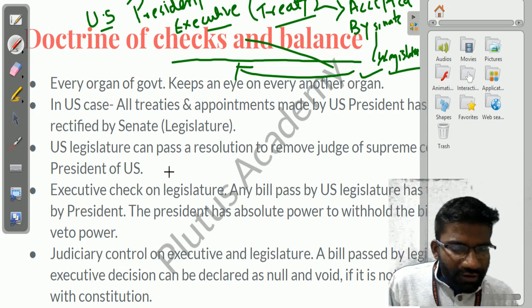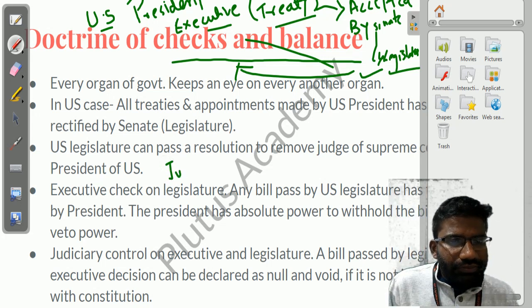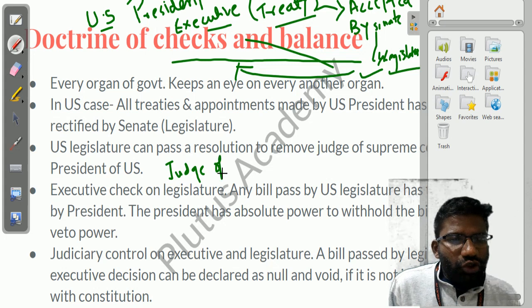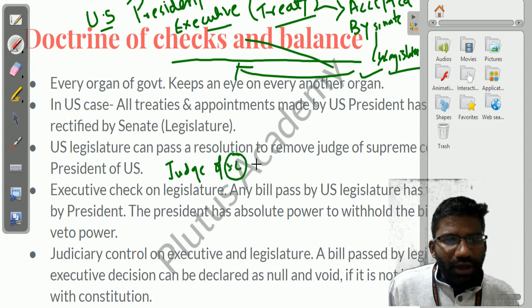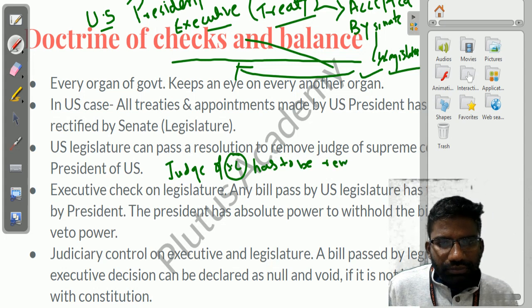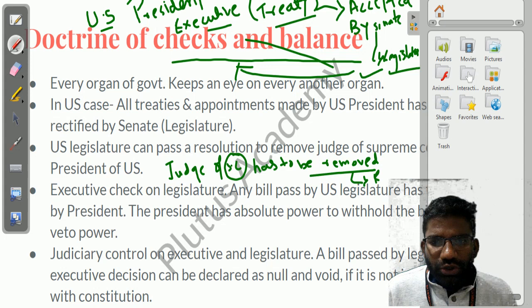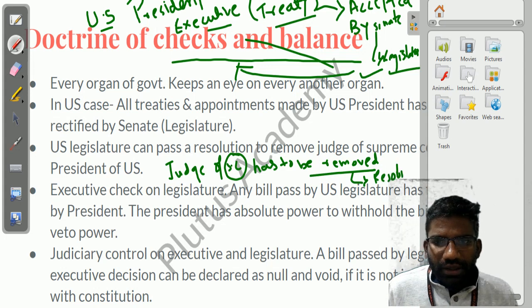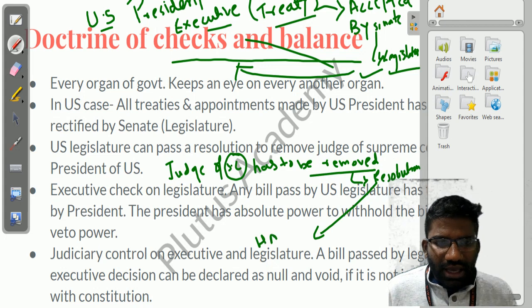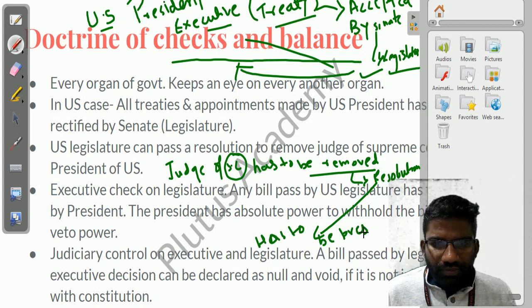That is, if a judge of the Supreme Court has to be removed, the resolution has to be presented in the Senate.